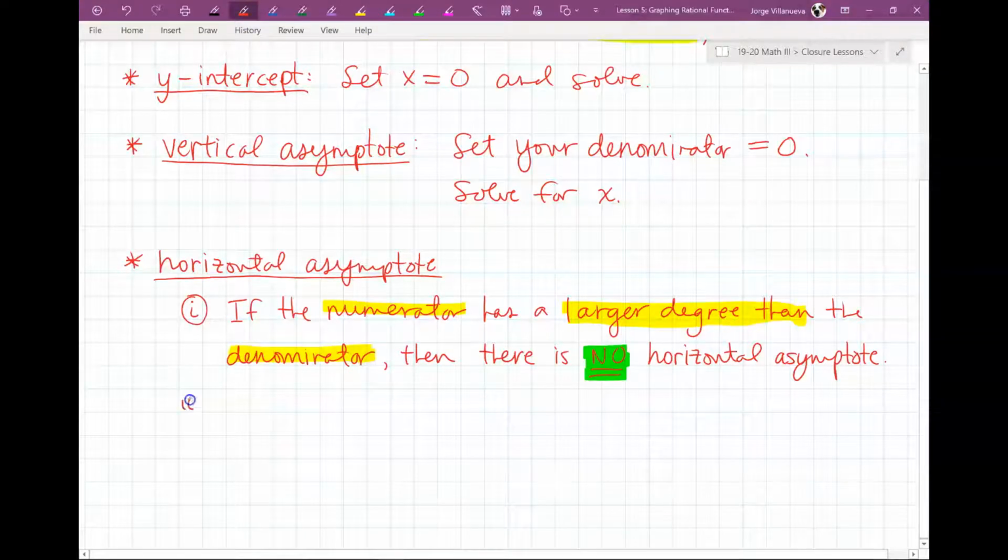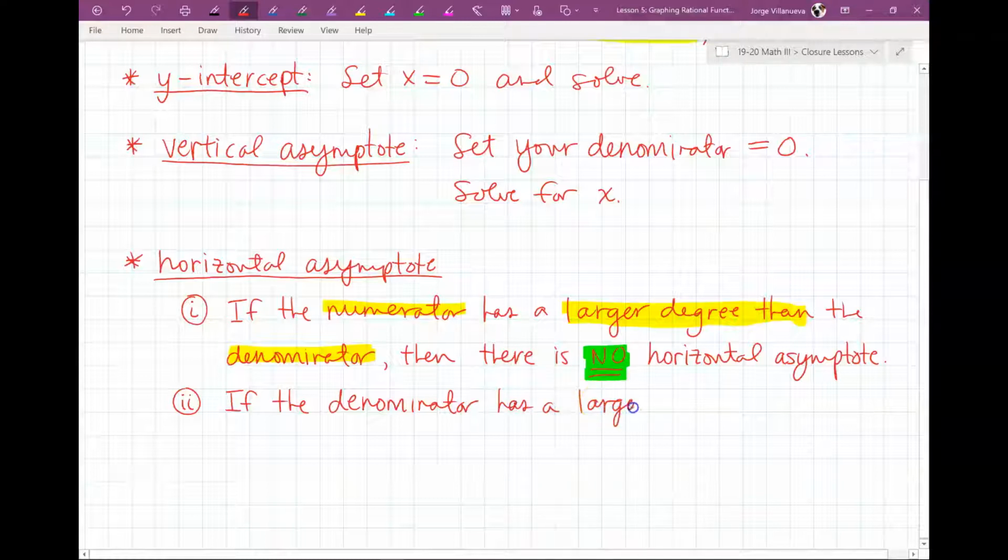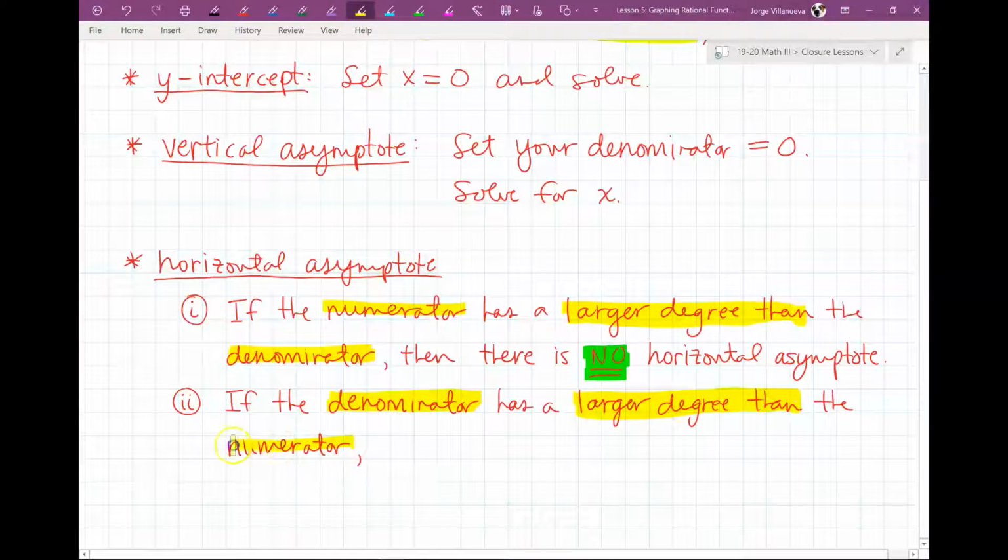Okay, so if the numerator has a larger degree than denominator, there's no horizontal asymptote. Okay, situation number 2. If the denominator has a larger degree than the numerator. Okay, so denominator larger degree than the numerator.